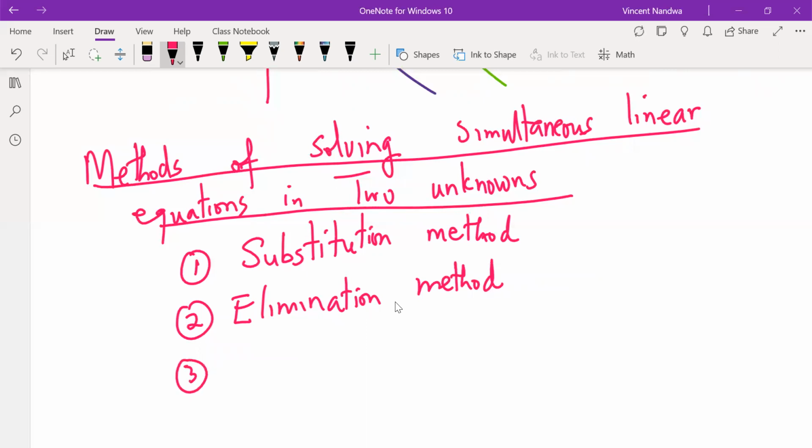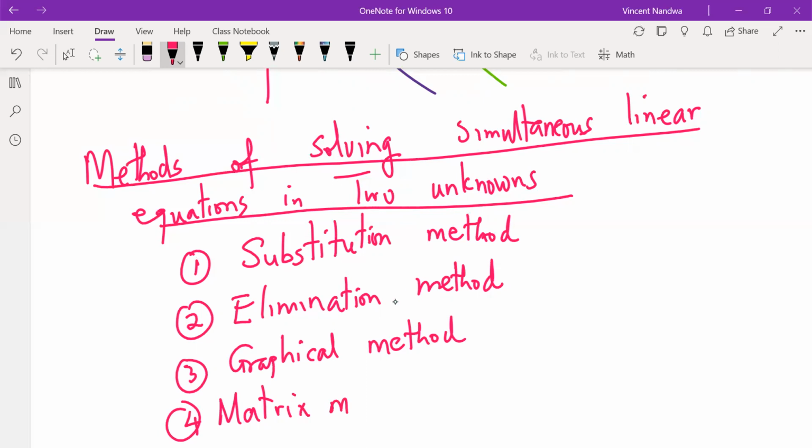Number 3, we have the graphical method. And number 4, we have what we call the matrix method. The next session will illustrate how the substitution method and the elimination method work. Thank you.